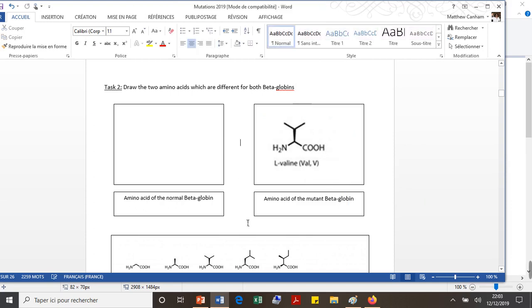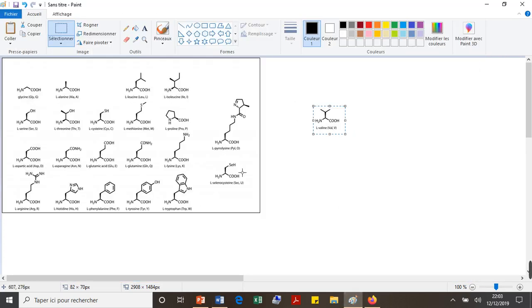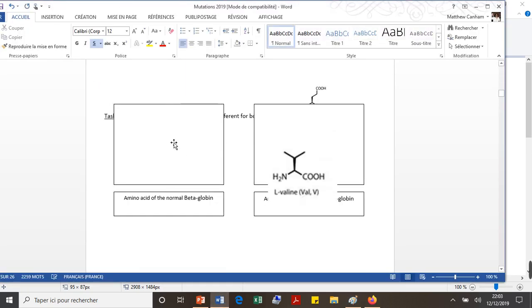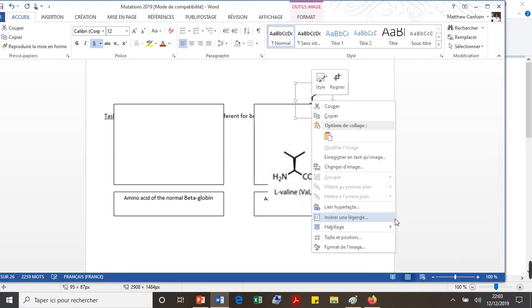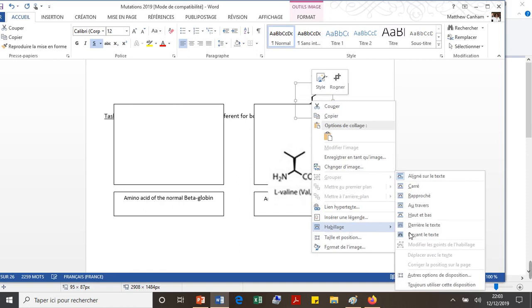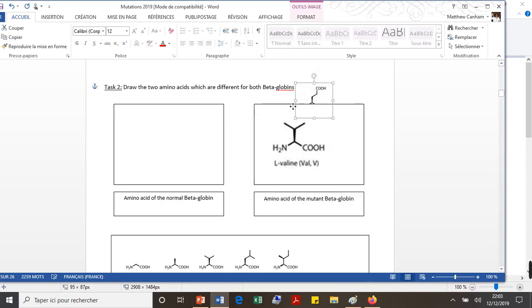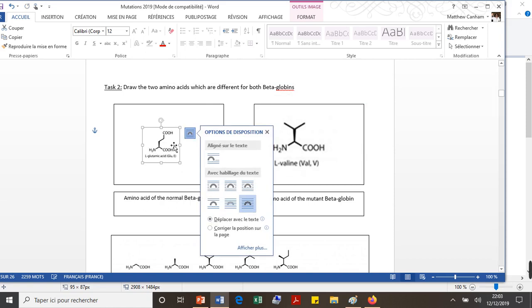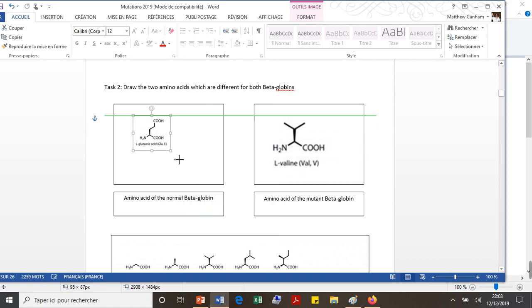And we said that's glue for the normal one, so I'm going to take glue and place it here. So we can see that there's a slight difference.